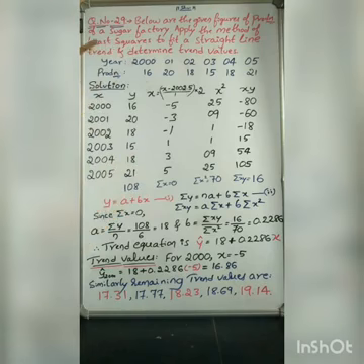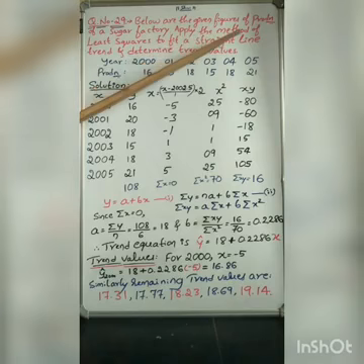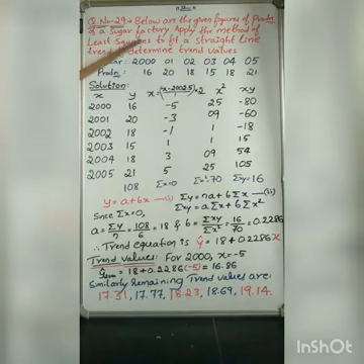Fine. What has been given? Observe the question first. Question number 29 in your exercise. Below are the given figures of production of a sugar factory. Apply the method of least squares to fit a straight line trend and determine the trend values.